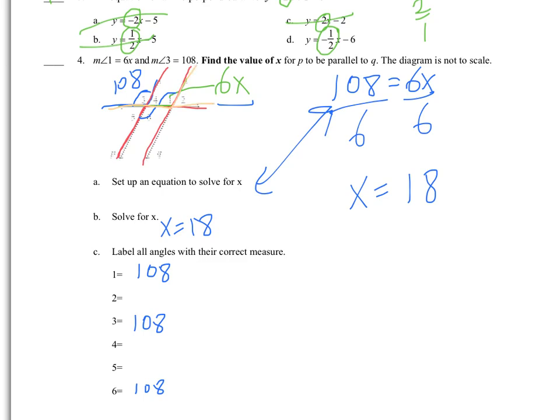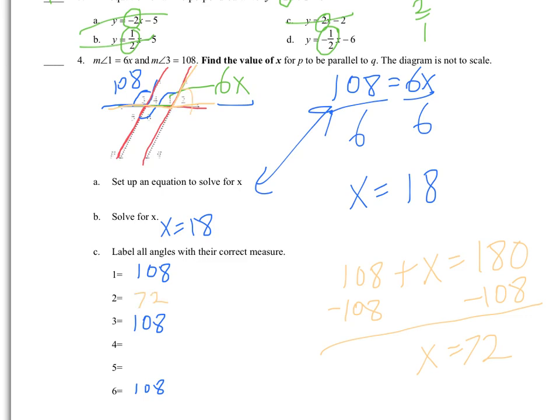They form a linear pair. If angle 1 is 108 degrees, then what must angle 2 be, because they are supplementary? We subtract 108 and we end up with 72 degrees. That means angle 2 is 72 degrees.